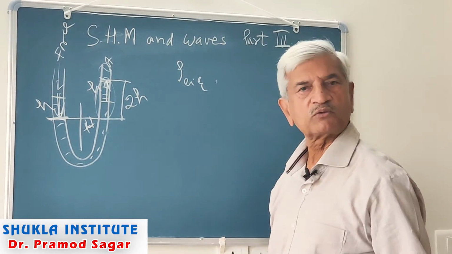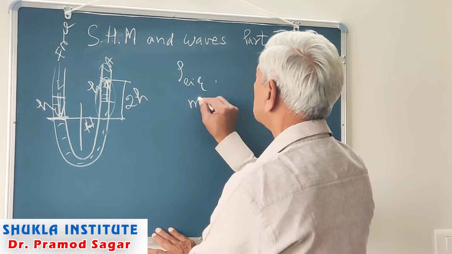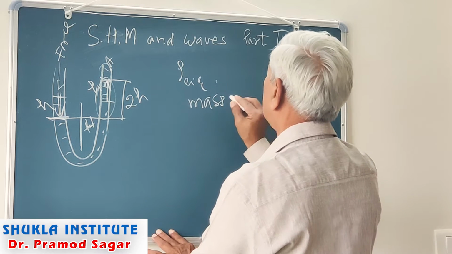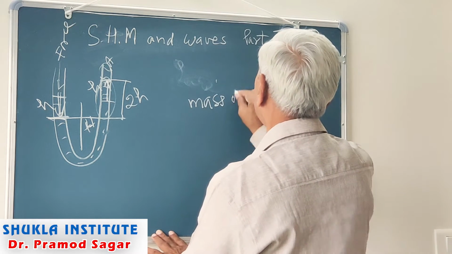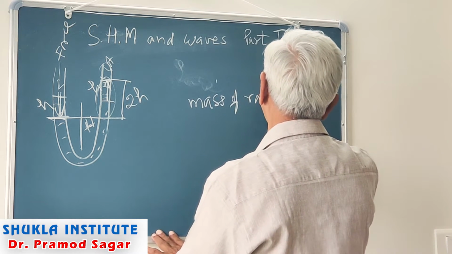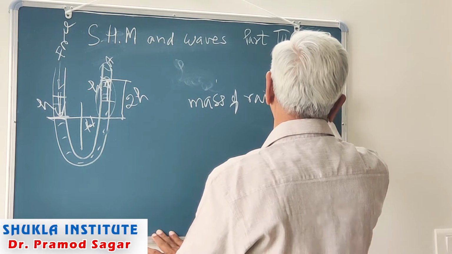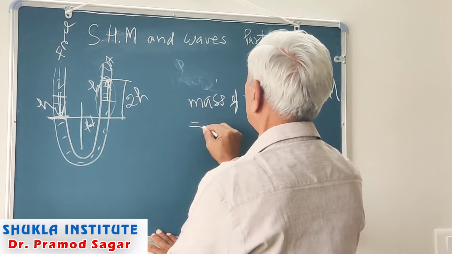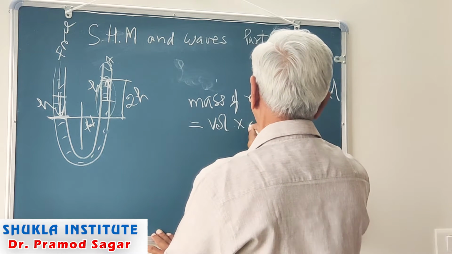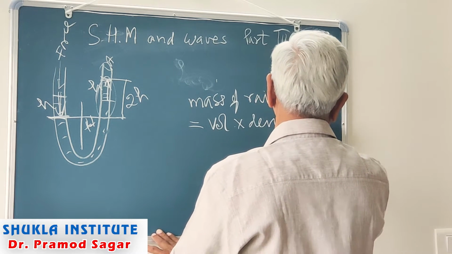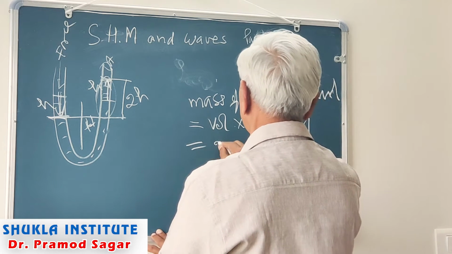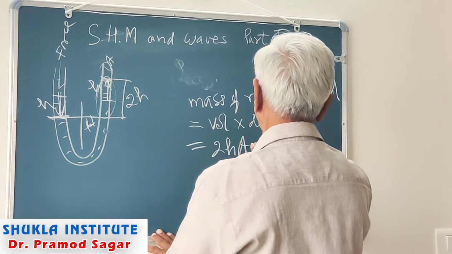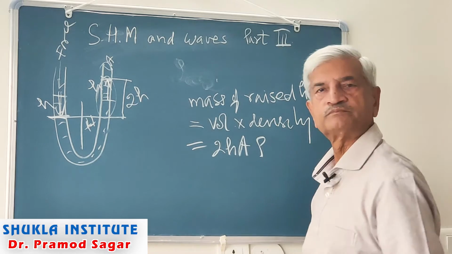For finding out the total force, I need the mass of the raised liquid, which is volume into density, that is 2hA rho.